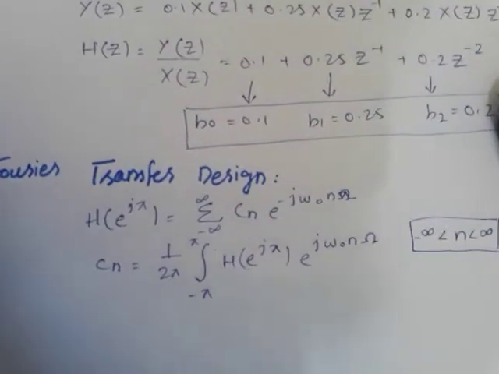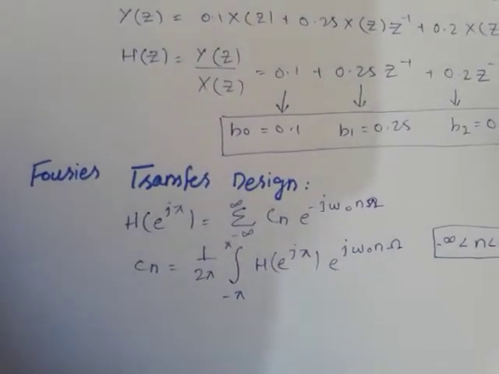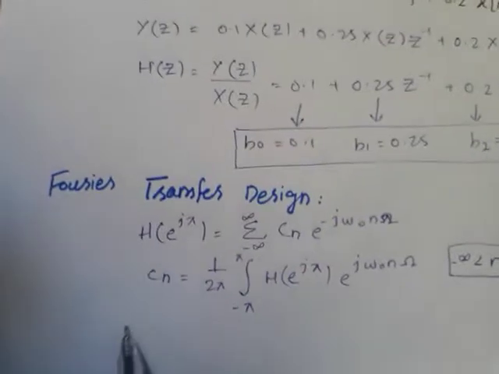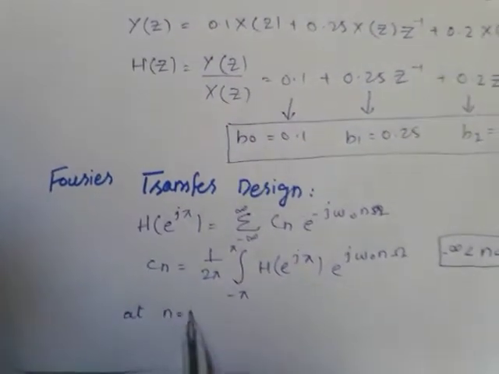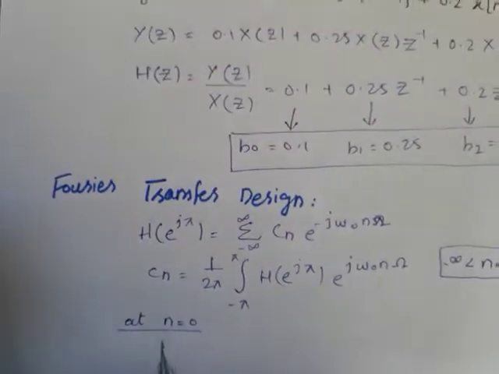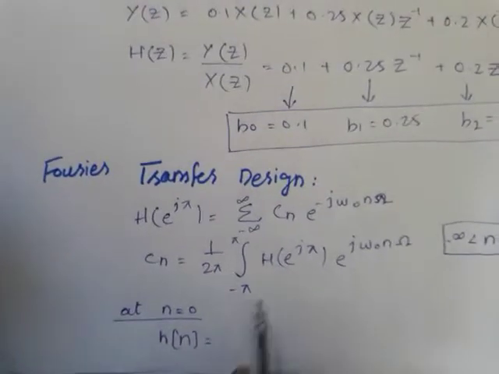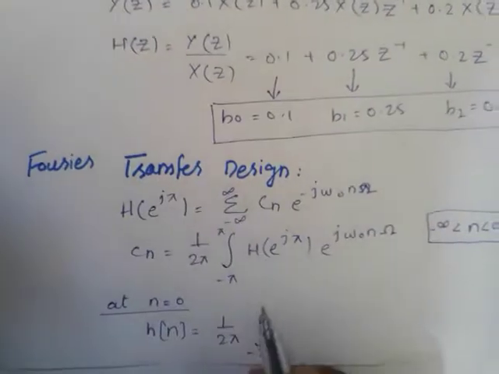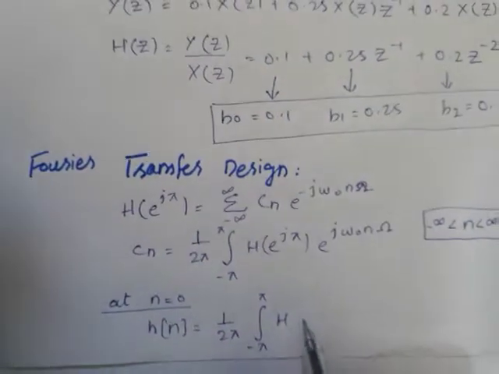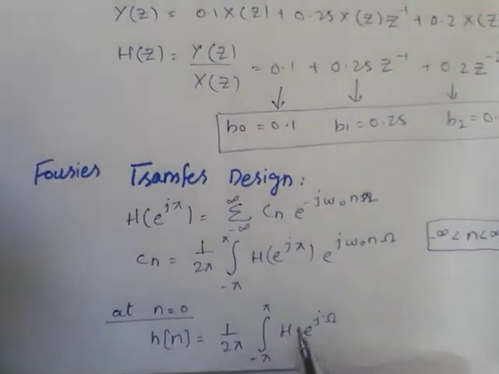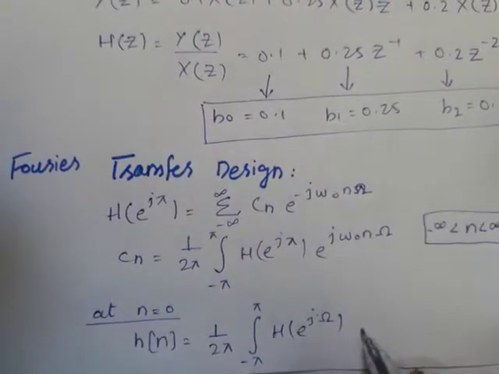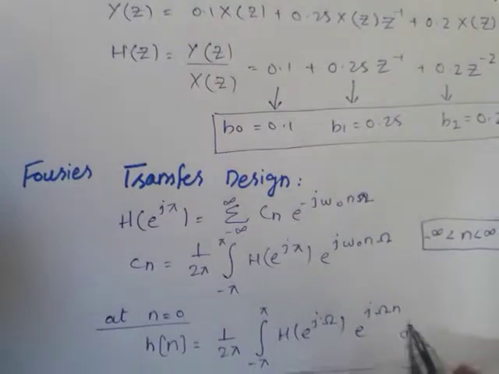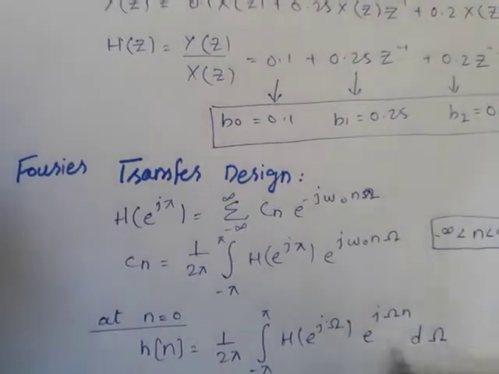So let's derive some other formulas for Fourier transform design. The first one is at n equal to 0, the h of n will be 1 by 2 pi integral minus pi to pi H of e j omega and e power j omega n d omega.